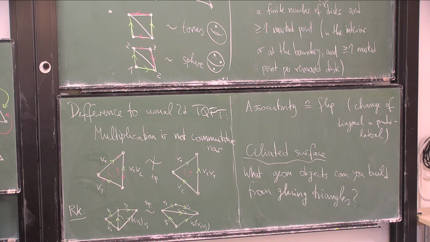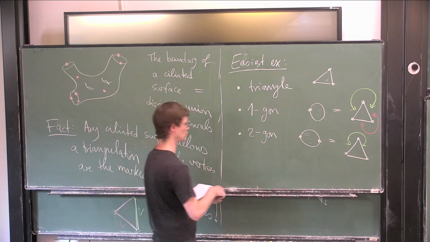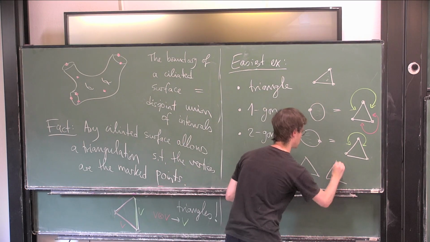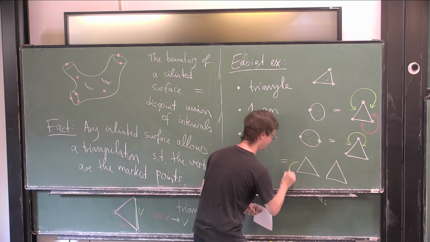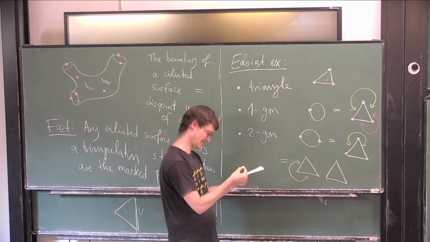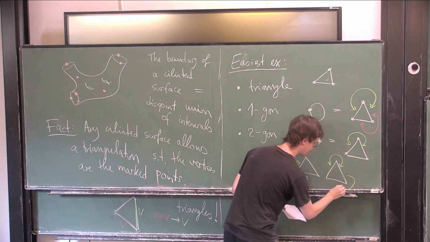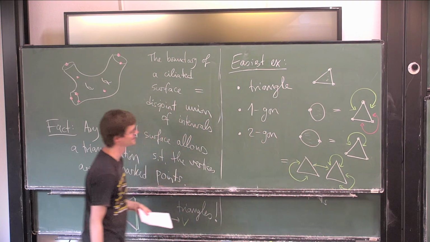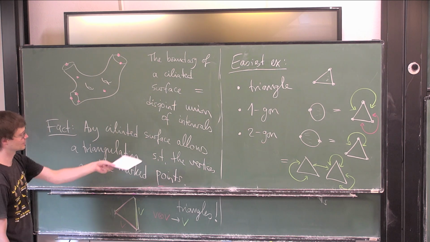Is this a two-gon? Yeah, it is. Okay, there's another way of producing the two-gon, which is using two triangles. So to identify these, then you identify these, and these, and these. Well, apparently this also gives you the two-gon. And we will actually use this.